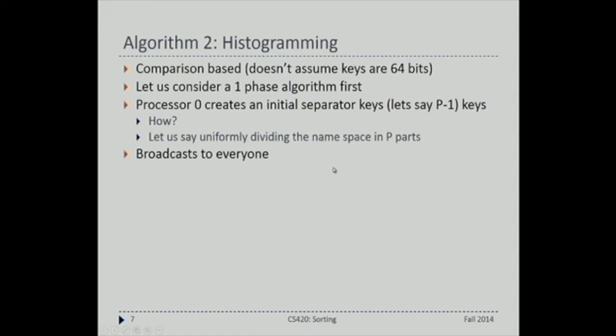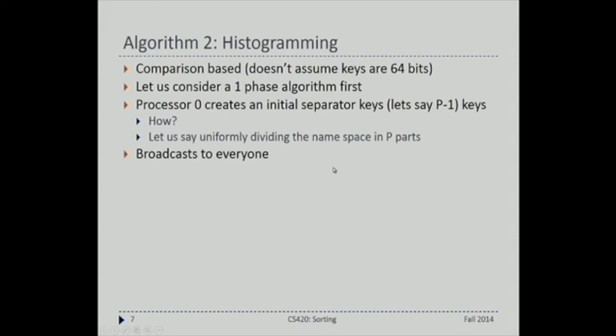All right? And you can broadcast that new guess to everyone, get the counts back, adjust the guess, and keep repeating this until they are exactly equal. No, you don't really need to go to exactly equal. They are within 1%, or whatever your tolerance is, equal in terms of the size of the keys. Now you have the separators. Broadcast them to everyone saying, hey, this is the final one.